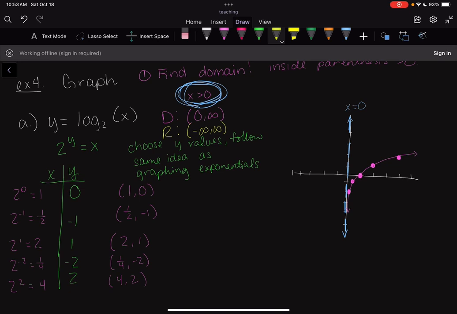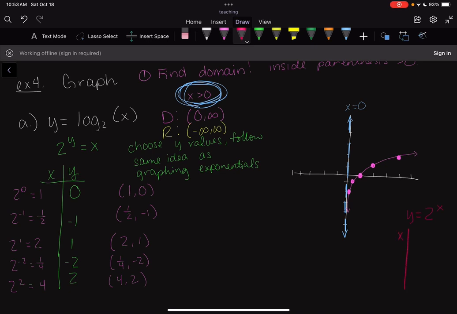Something that I'd like to show you at this point is I want to remind you about inverses. So if we look at the line y equals 2 to the x, it's this line, but I'm switching the x and y, which is what we do for inverses.